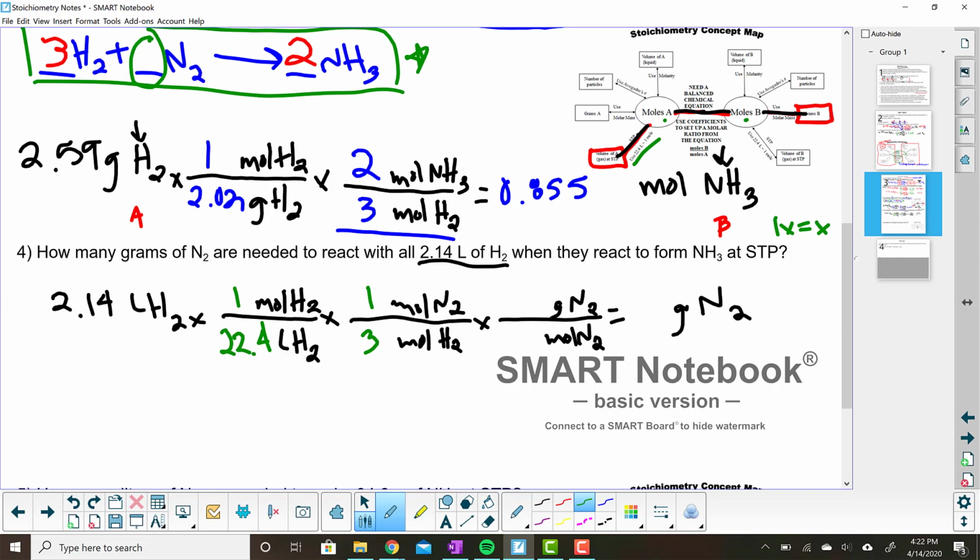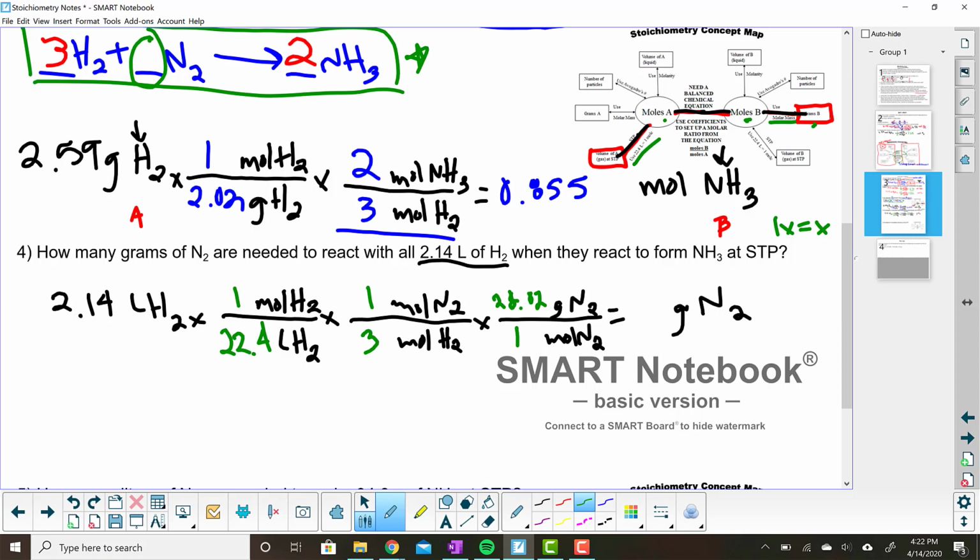Now, to get from moles of B, or moles of nitrogen, into grams of nitrogen, I'm going to have to use molar mass. So you take the mass of 1 nitrogen, which is 14.01, you multiply it by 2, so 28.02 grams of nitrogen for every 1 mole of nitrogen.